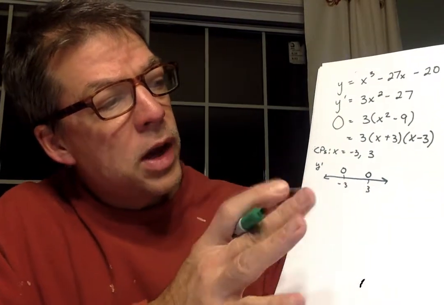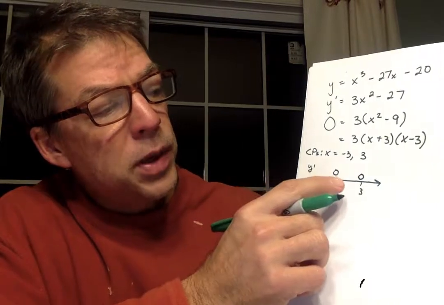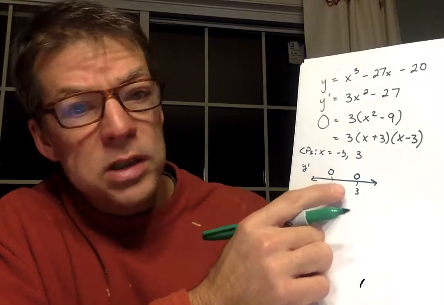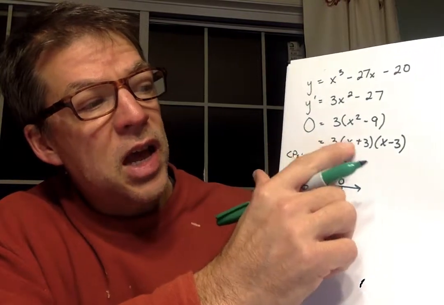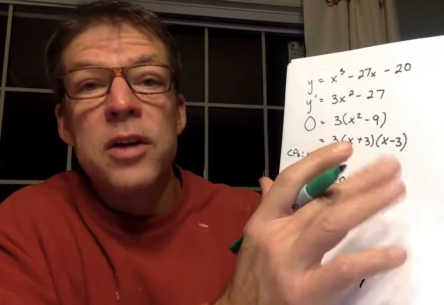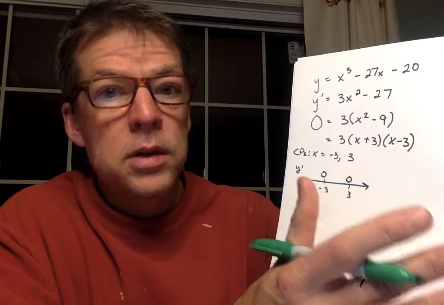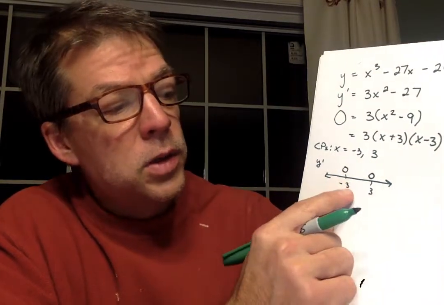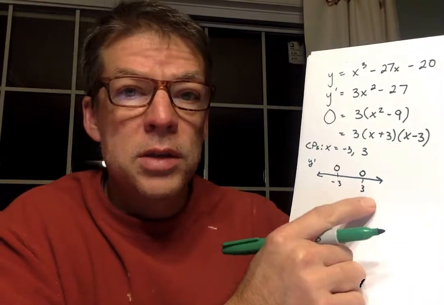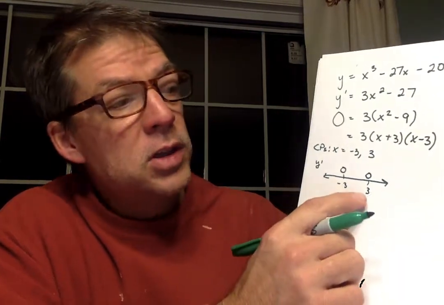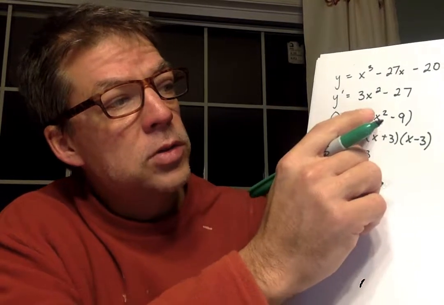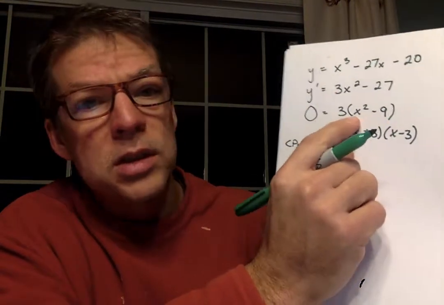So then what I do is I just pick numbers on either side of the critical points to see what the sign of f prime is, whether f prime is positive or negative. So let me give you an example. What's a nice easy number between negative 3 and positive 3? Say 0. Yes, that's a great one, 0. So let's just put 0 in here.